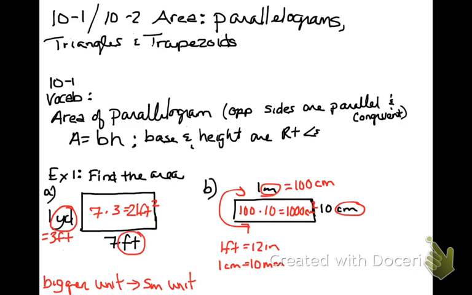Okay. 1 mile equals 5,280 feet. There you go. There's some stuff that you'll need to know for measurements. All right, let's go to the next one.